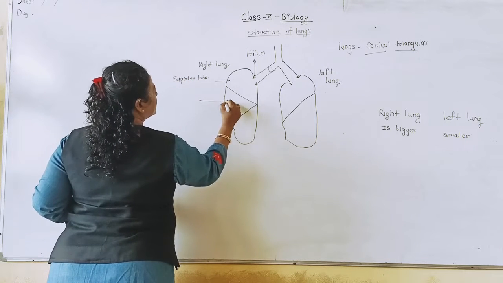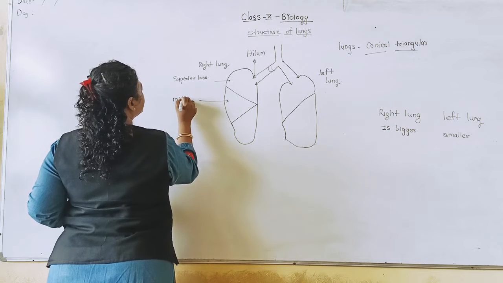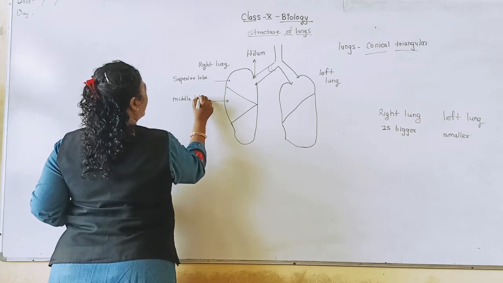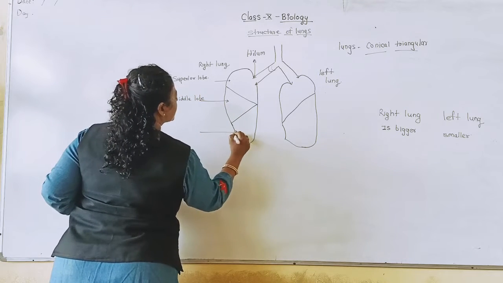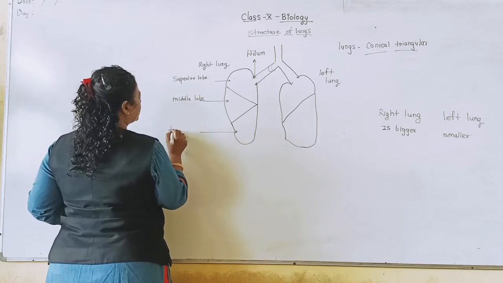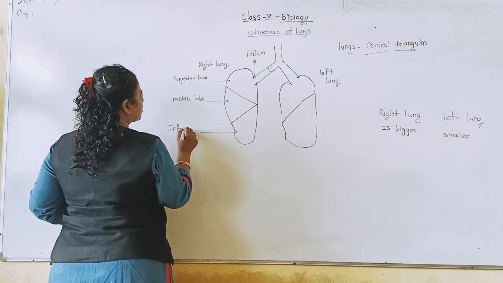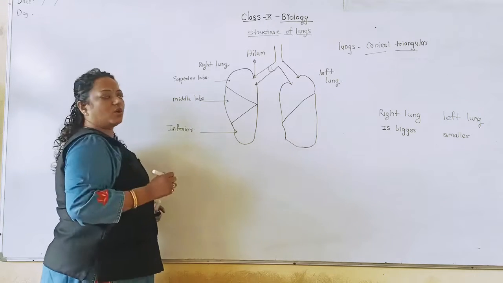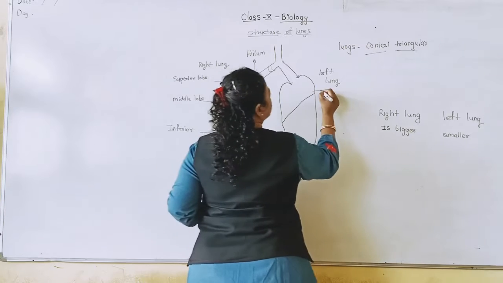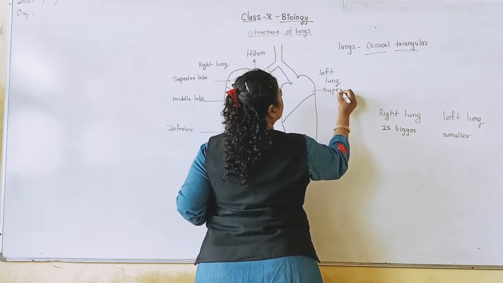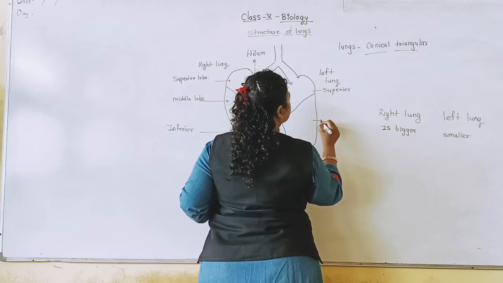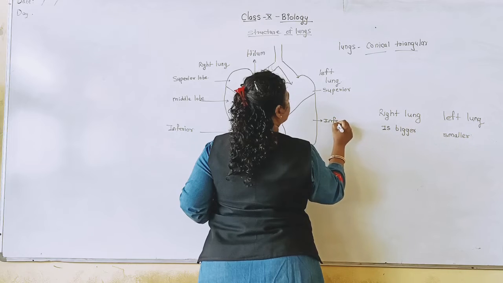This middle lobe is called what? Middle lobe. And the lobe which is at the bottom is called what? Inferior lobe. This is the superior lobe and this is the inferior lobe.